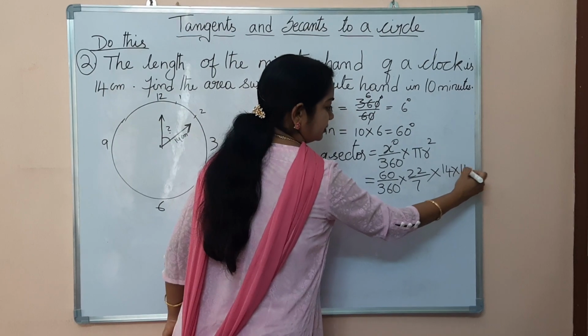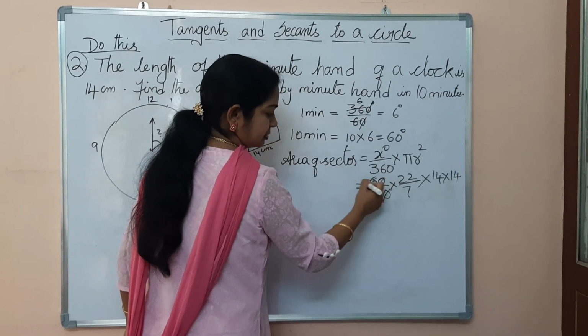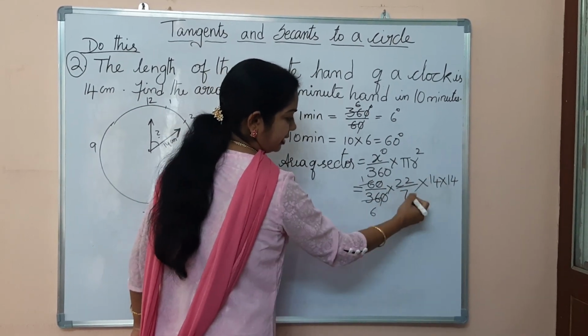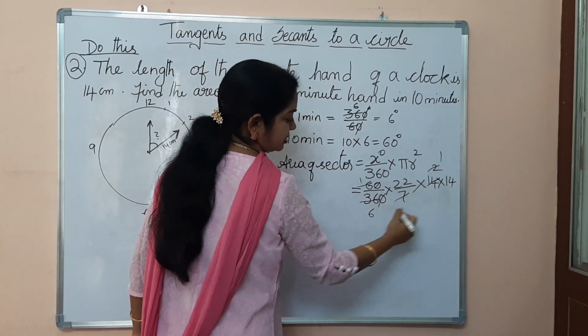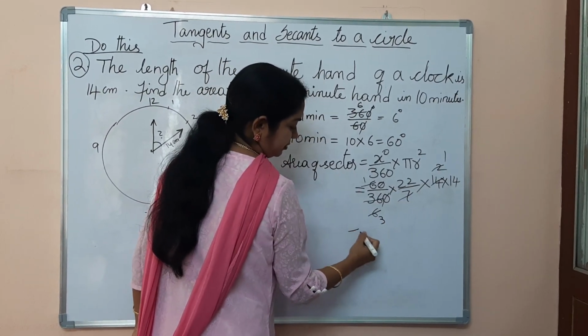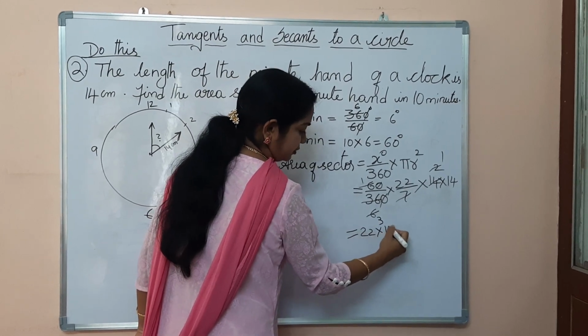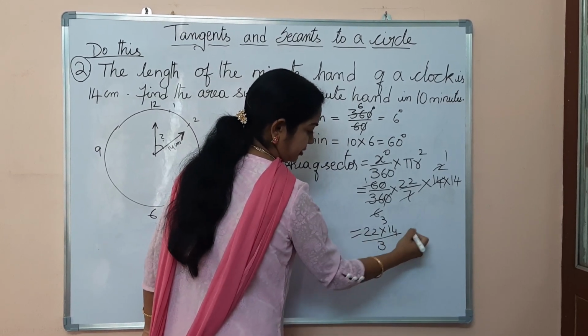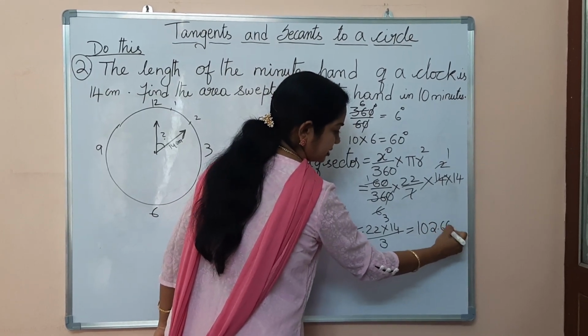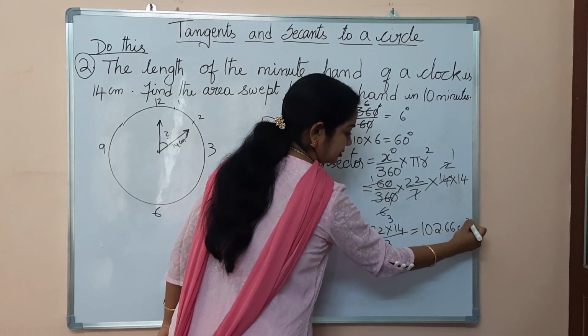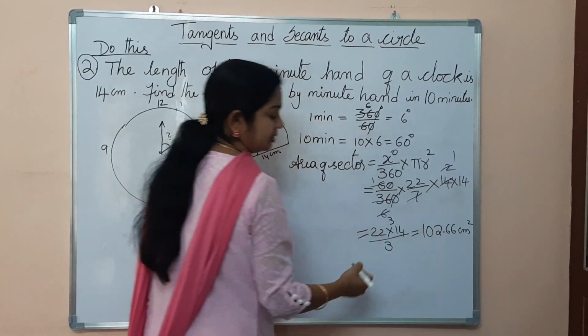And simplify it. You will be getting 22 into 14 by 3. This will come to 102.66 centimeter square if you simplify it.